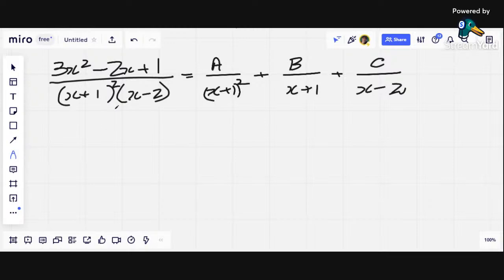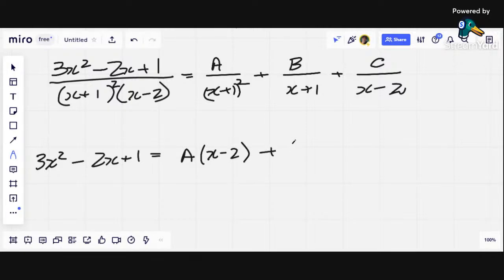This means that 3x squared minus 2x plus 1 is going to equal a times whatever else we need down here so that we can have the common denominator be the entire cubic. And what's missing here? It's just the x minus 2.